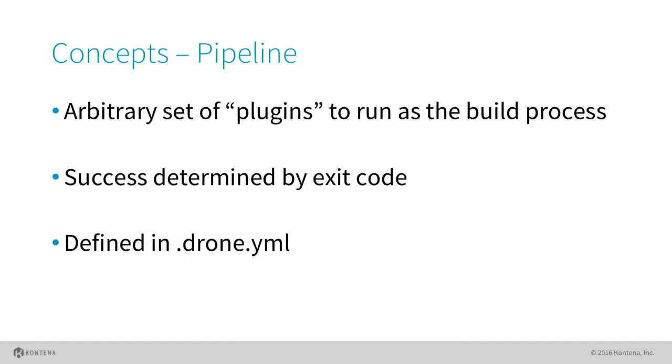So now the pipeline is actually just an arbitrary set of Docker images and Docker containers running as the build process. And you define this pipeline in the Drone YAML configuration.